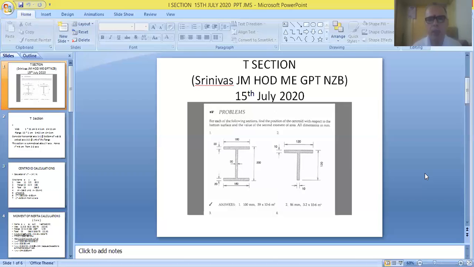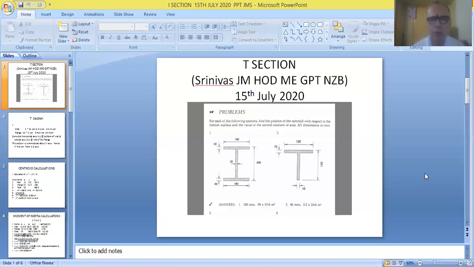All the dimensions are given in millimeters. While solving problems, it is better to convert these dimensions into centimeters. Otherwise, we'll be getting big figures, so it may lead to confusion.